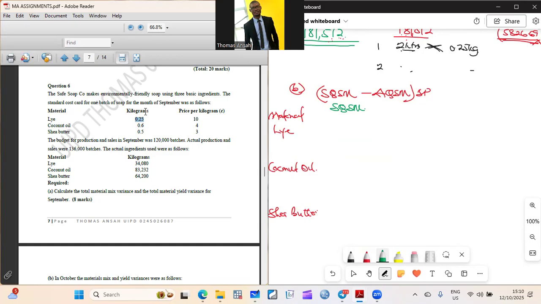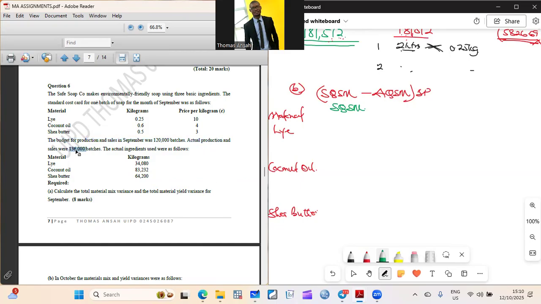So what was the actual production? 120,000. Good. So you see, be careful. Flex with actual production. This is the budget production. It's 136,000, not 120. This is actual production and sales.